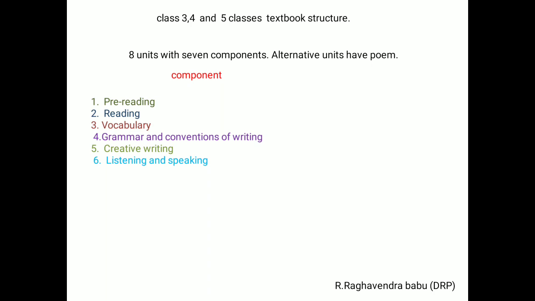This is very important. That is listening input, and listen and speak is also in the form of activities. It is given in the textbook. They are student friendly. Vocabulary, grammar and conventions of writing, creative writing are also there.